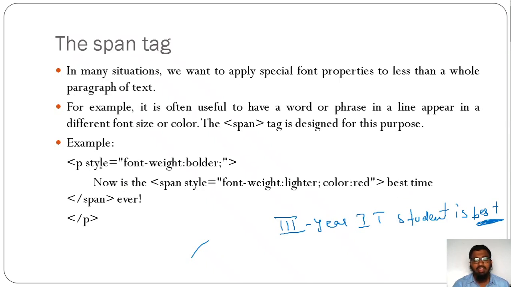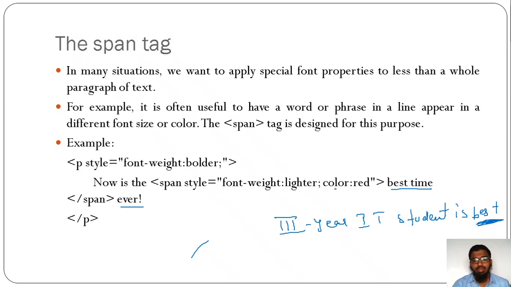So here p style equals font-weight bolder, meaning dark. Now is the, what is the text? Now is the best time. So span style equals font-weight lighter and color red, and best time will be in red color, then the span is closed and the rest is in the normal color.